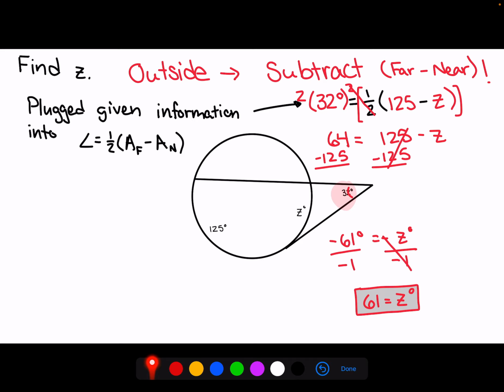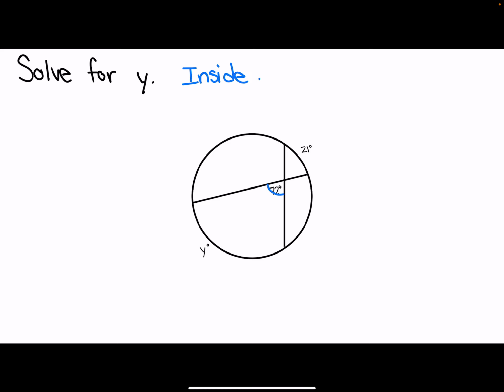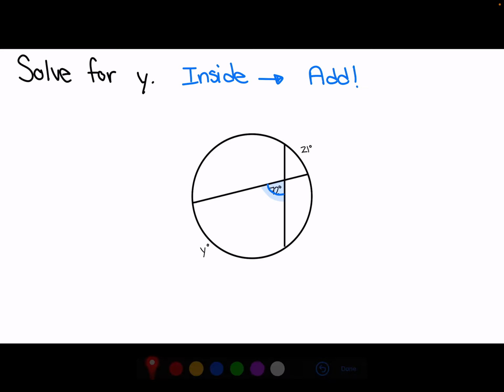And our final problem of the day: solve for y. So we're trying to find y here. Now, it's not where y is, it's where our angle is. So where's our angle located? Well, our angle is located inside the circle, 72 degrees right here. If it's inside, that means add. Anytime we're inside the circle, we always add.